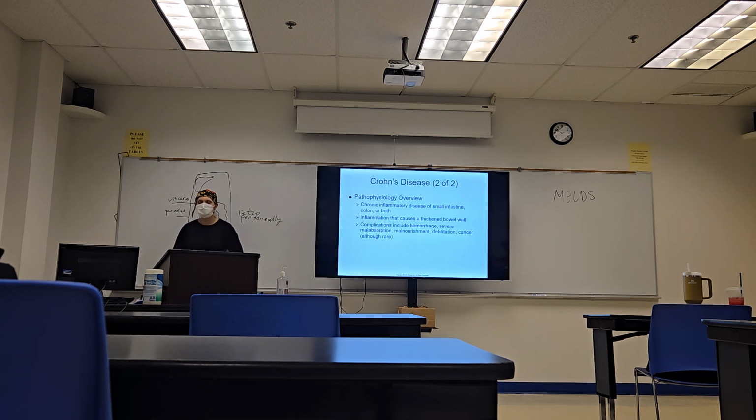With Crohn's, the problem is located everywhere in the gut, in the small and large intestine. And the patient has a problem with absorption of all the nutrients, all the water, and all electrolytes. That's why here you see malabsorption and malnourishment.